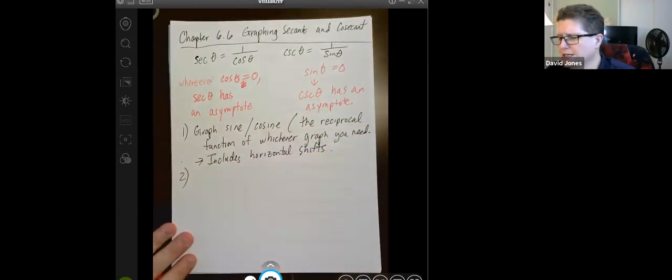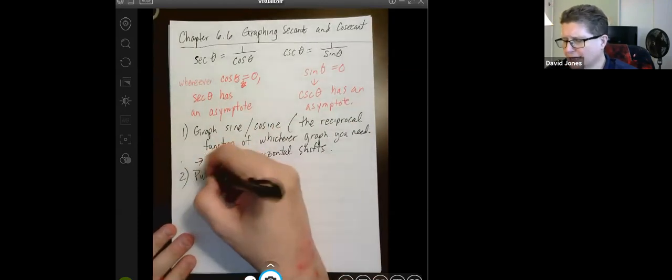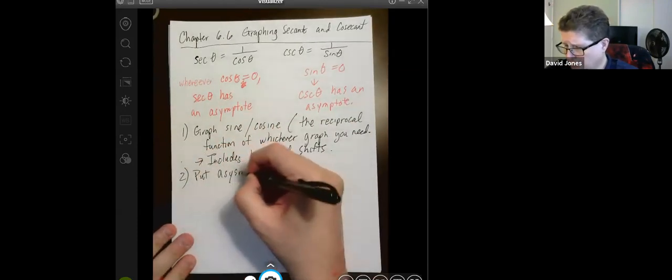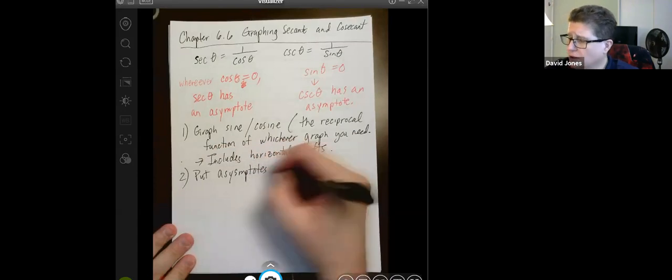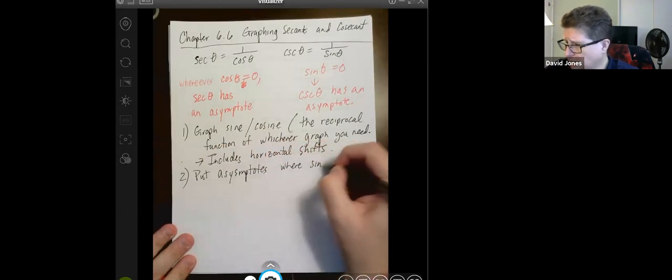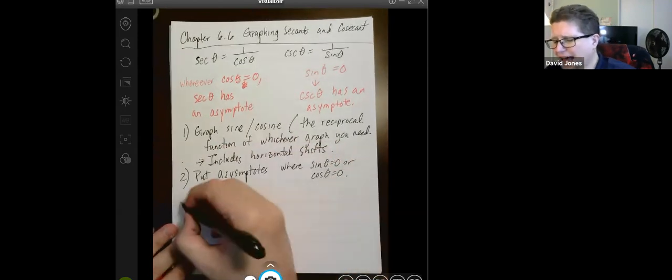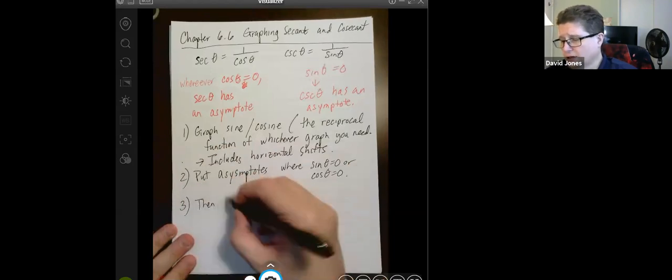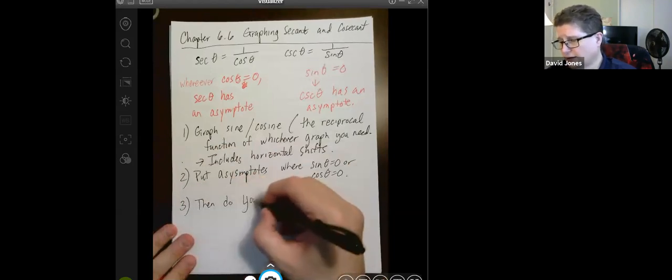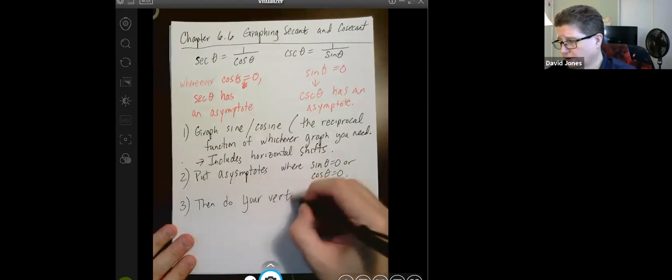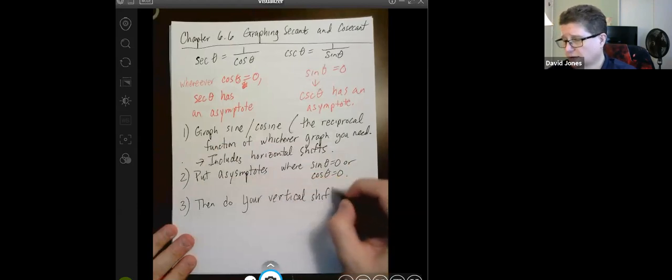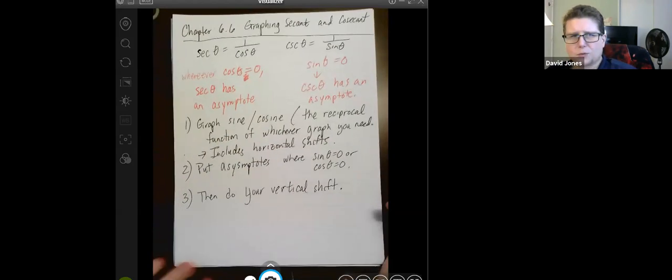After you've shifted horizontally, put asymptotes at the zeros. Then do your vertical shift. The reason why I say this is it changes where the zeros appear on the graph. And you want the asymptotes to be where the base graph is 0.